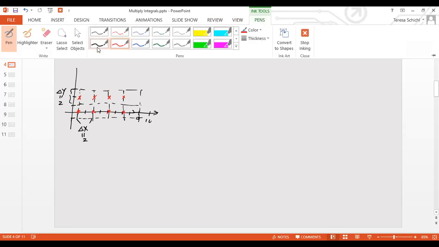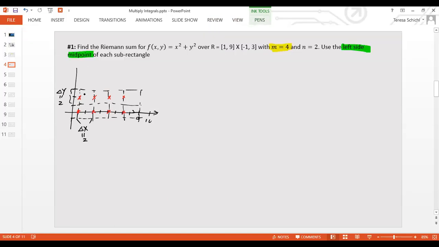So let's mark here: this is R11, this is R12, R23, this is R21, R33, and this is R31. And this is R42, this is R41.